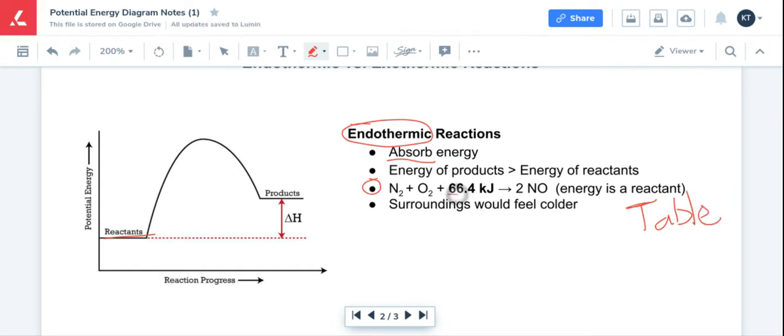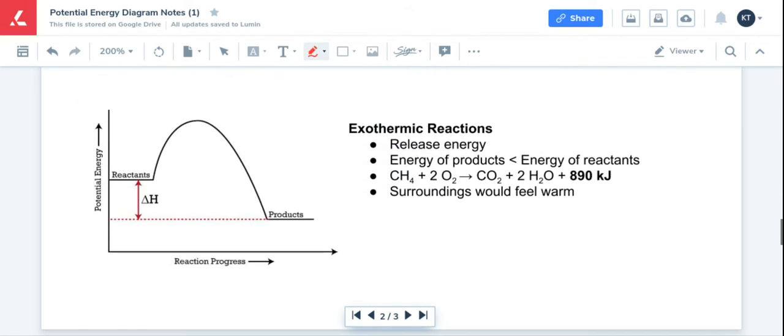And notice how the energy value, 66.4 kilojoules, is a reactant. That means that energy has been absorbed. So if you see a reaction written with the energy value included, that means the energy has been absorbed if it is a reactant. And if energy is absorbed from the surroundings, then the surroundings would feel cooler.